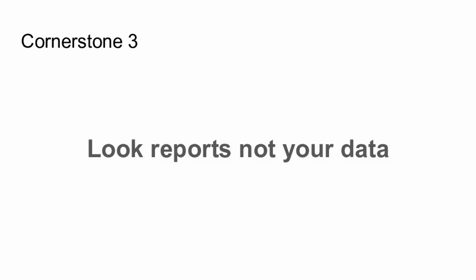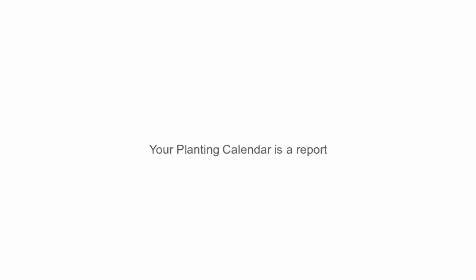And that's what you share with people. And so in this example we had before, the planting calendar was a report. So it doesn't have all the details in the world. Those are all in the worksheets. We just have what we need, you know, a date, how much we need to plant. And so those three cornerstones are the foundations of an effective spreadsheet system.